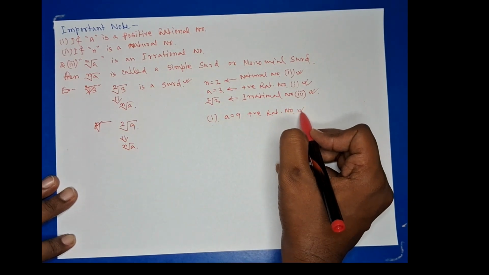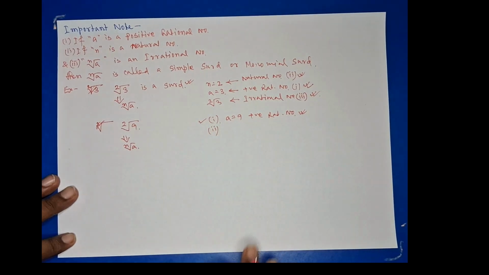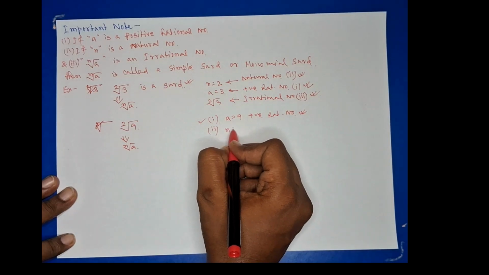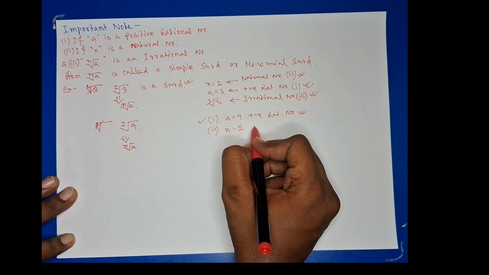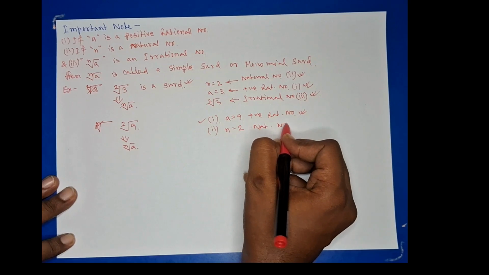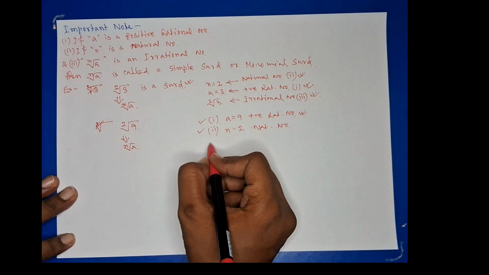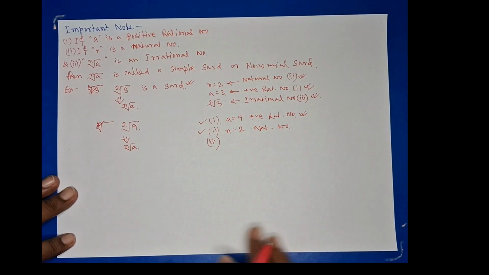So the first one satisfies. The second one, n, here what is n? n is equal to 2, which has to be a natural number. This is also right here. This satisfies.